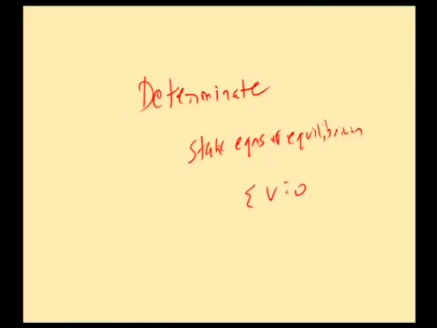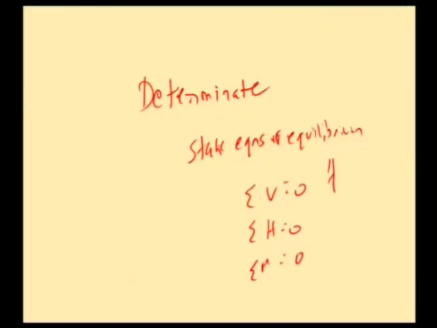The three static equations of equilibrium are sigma V equal to 0, sigma H equal to 0, and sigma M equal to 0. When these static equations of equilibrium are sufficient to determine the unknown reactions or the unknown forces of a problem, then we say the structure is a determinate one.